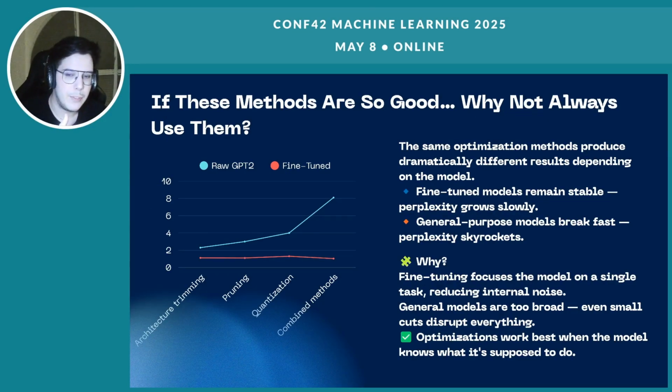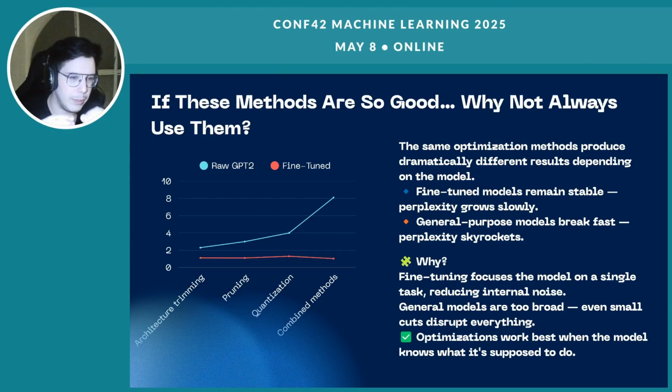Also, we have a graph where we applied the same methods to the raw GPT-2, and the results were not usable at all. As you may see, for the fine-tuned models it hasn't changed at all, while for raw GPT-2 it changed really drastically. So the resistance here is really important.